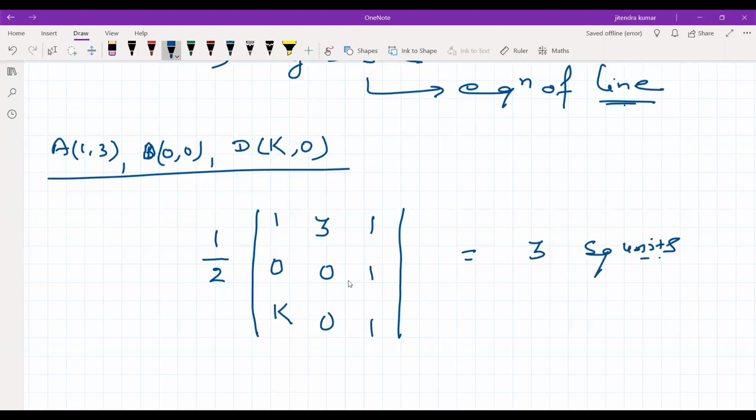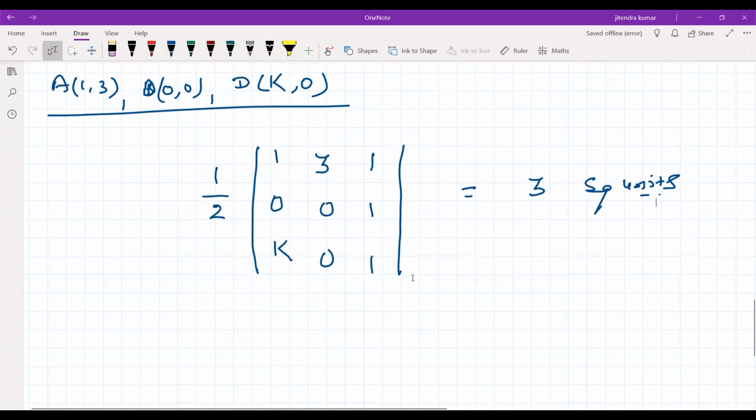Now one thing is possible here, as it's saying 3 square units and we are solving a determinant. There is a possibility that we might get minus 3 here. But we are not considering the minus sign, as it is the area of a triangle. So it can be plus or minus. Okay, is it clear to everyone? If anyone has an issue with this plus minus sign, you can ask right now.